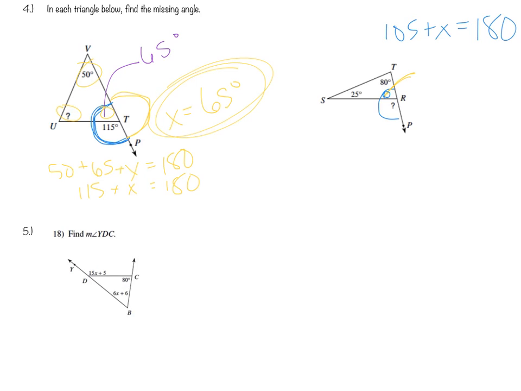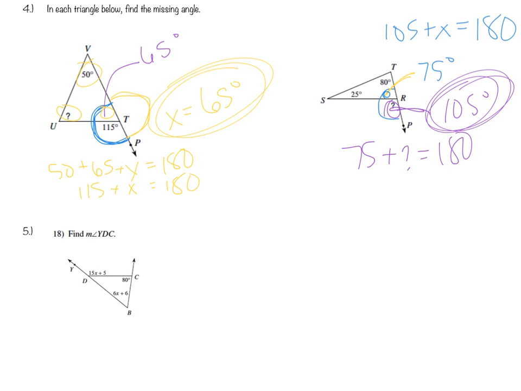So this first angle equals 75 degrees. Now 75 and this have to equal 180. So 75 plus our question mark equals 180. So this missing angle is 105 degrees.